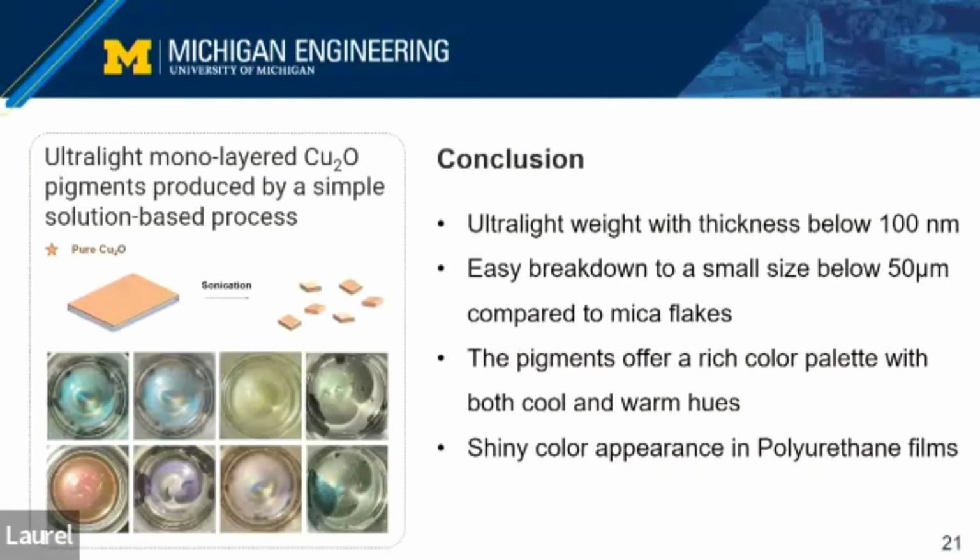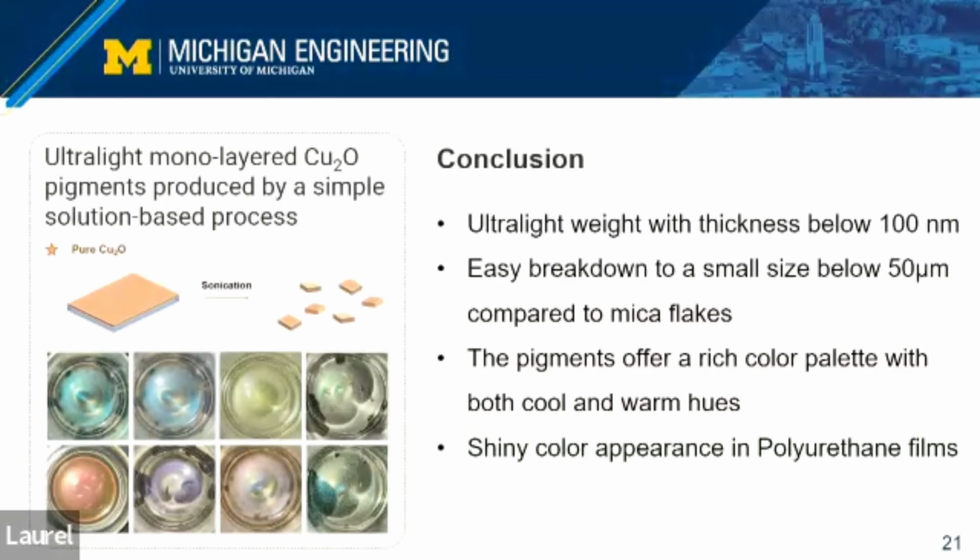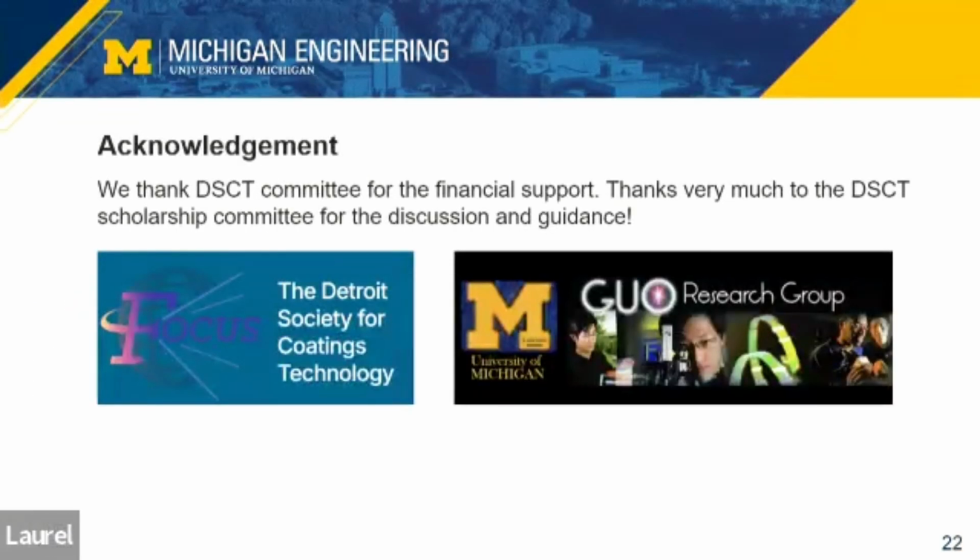It also offers a rich color palette, as I show here, including both cool and warm hues. And also, in polyurethane thin films, it is able to remain shiny in color appearance as well. So I would say this is the beginning of the pigment development process.